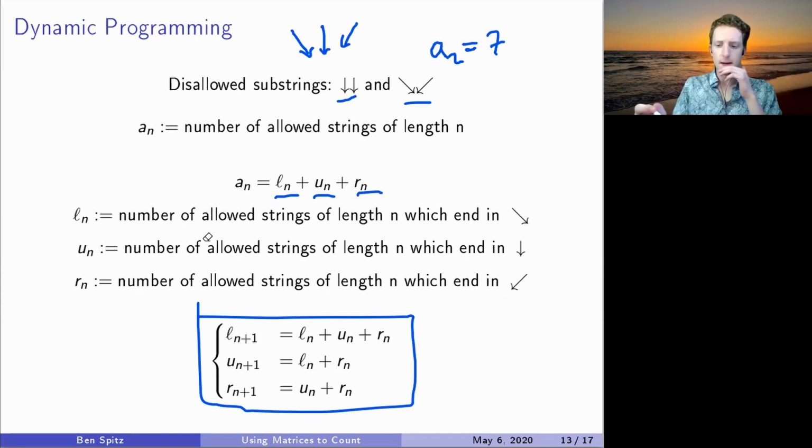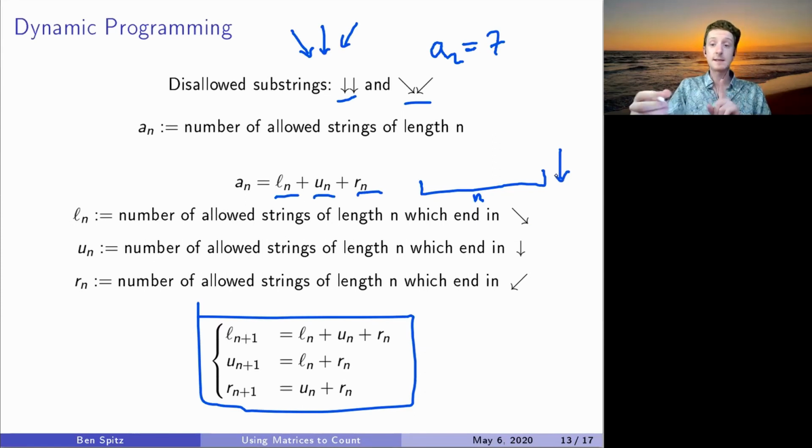But also, this recurrence here, I can work through it again. If I want to understand U_{n+1}, this is the number of allowed strings that end in this straight arrow. How many of those are there? If I have an allowed string of length n and then I try to add on a straight arrow at the end, this is always fine unless the last thing was a straight arrow.